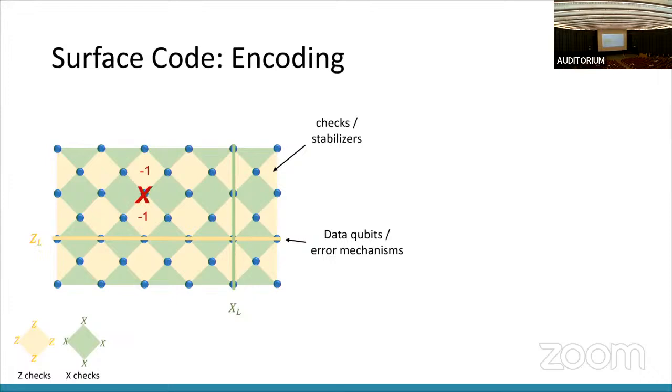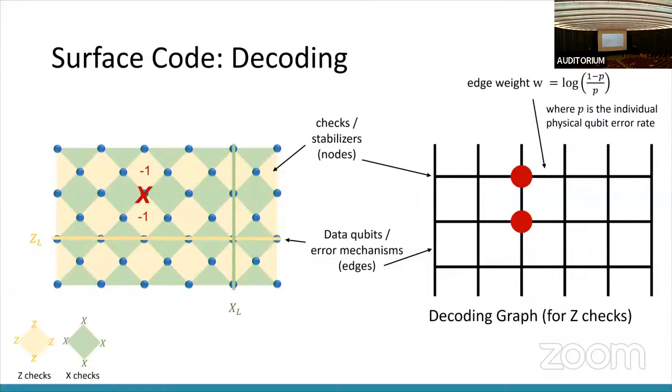And so how do we fix these errors? That's where the decoding part comes in. We oftentimes construct this decoding graph. And so here we've done it just for the Z checks, so all the nodes are Z stabilizers, and all the errors are these error mechanisms on these data qubits.